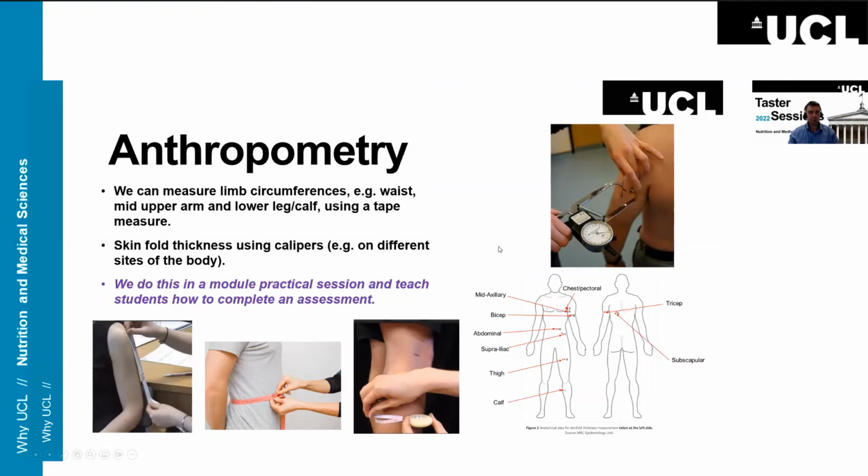And obviously we use specific equations which have been validated, but it gives us a better estimation of body composition. Now, when we're using these skin fold calipers, typically we use a minimum of four sites of measurement. So typically we use tricep, bicep at the front of the arm, suprailiac just above the hip, and subscapular at the back.